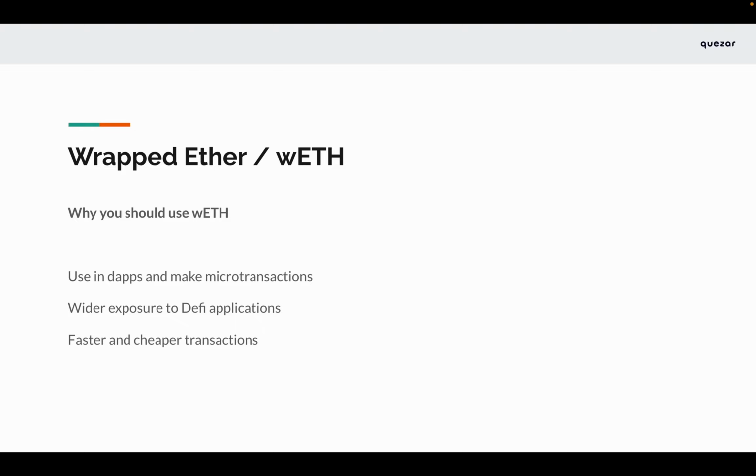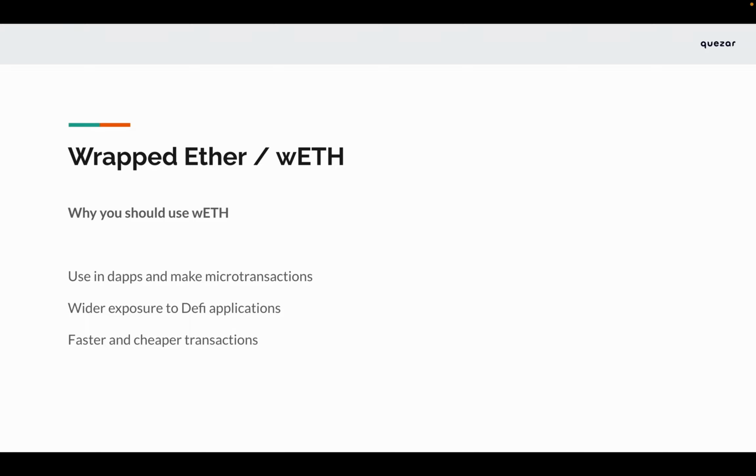A major chunk of the DeFi population is comprised of explorers who want to try out different applications, and making microtransactions is a very good way to try out different apps. You're not going to deposit $10,000 in a dApp in the first go. So with wrapped ETH, you have a facility of exploring multiple protocols, multiple applications, and bridging to different layer 2 networks. That gives you the ability to do small value transactions in a very cheap manner.